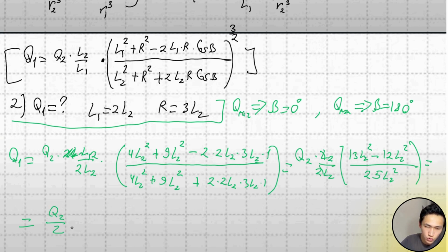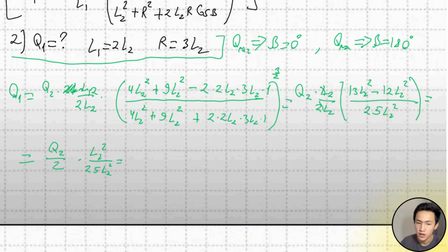There is Q2 over 2, and then L2 squared over 25 L2 squared. It's also to the power 3 over 2. I forgot to put this value. It gives us like this.